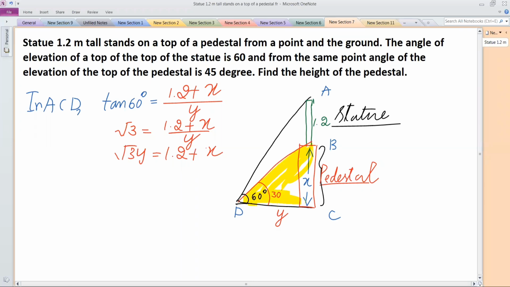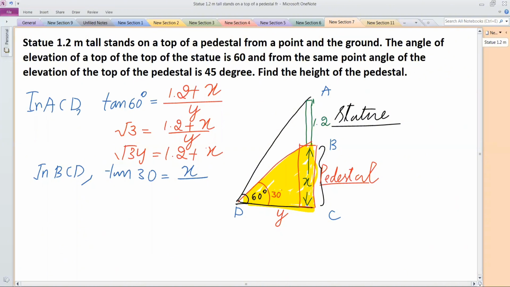Now let me go to one more triangle, which is this. We shall go with the triangle BCD. In triangle BCD, very easy concept: tan 30 will be equal to the opposite side x, over the adjacent side, that is y.